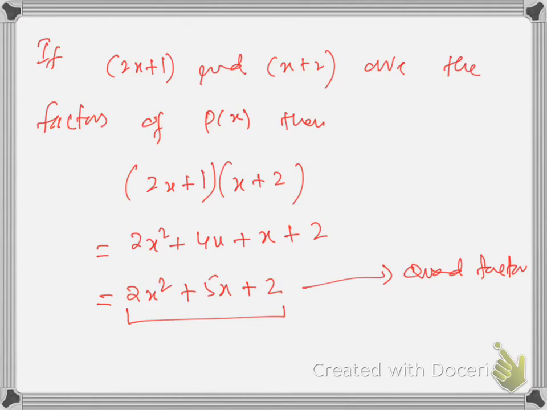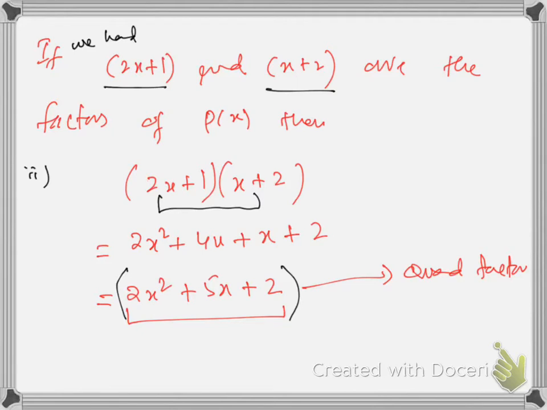This is an example. If we had 2x plus 1 and x plus 2 as linear factors of p of x, then for part 2, we should find the product of these two factors to get a quadratic factor for the long division.